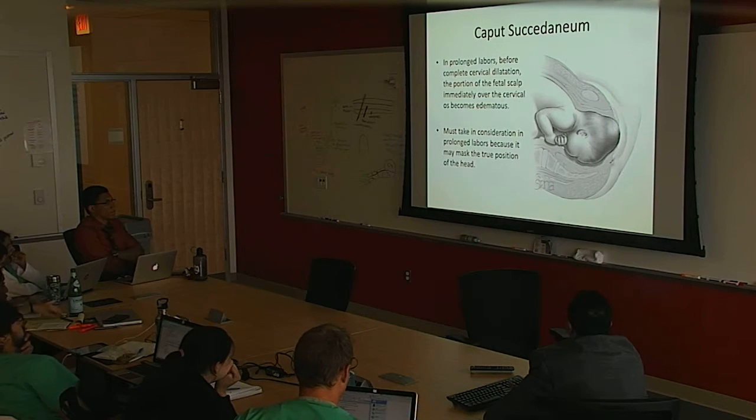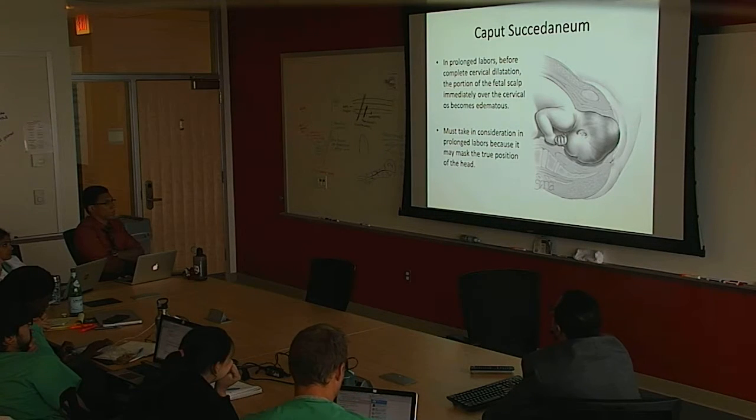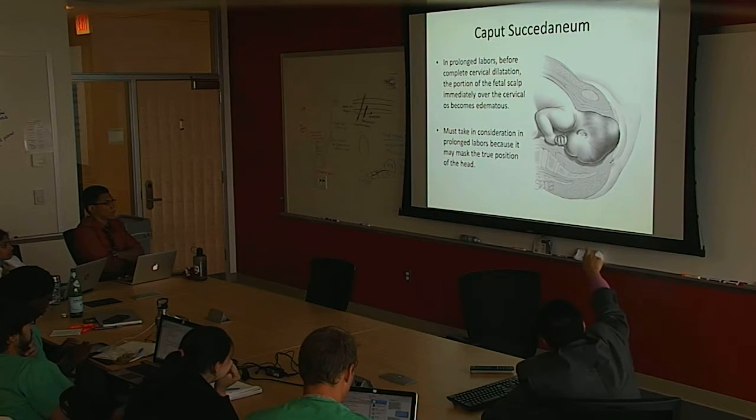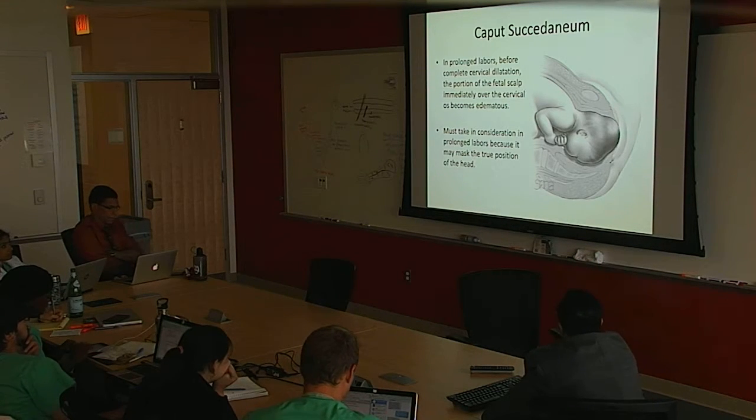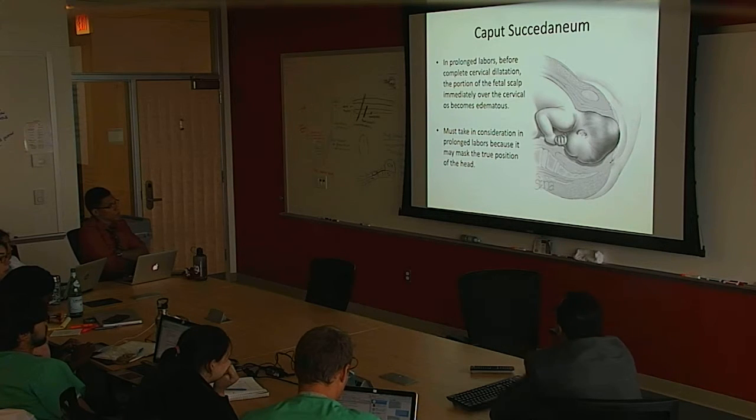What's caput succedaneum? You just need to know about it. It's in prolonged labor before complete cervical dilatation. The portion of the fetal scalp immediately over the cervical os becomes edematous. In this area, see this thing on the top of the head? That's edema from the contractions pressing over the os.